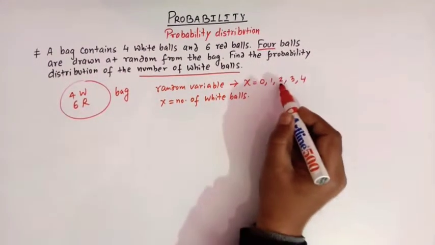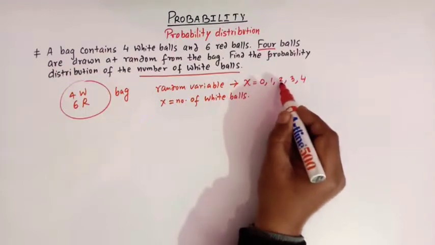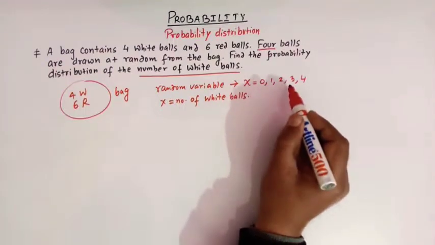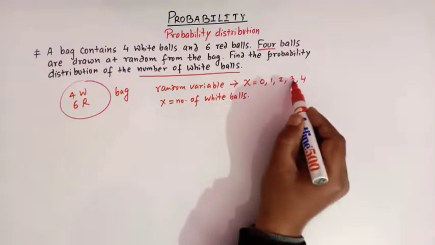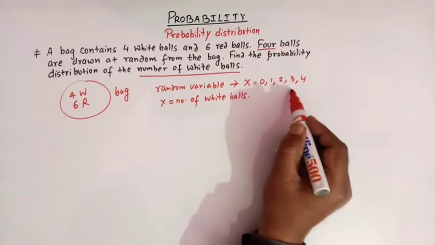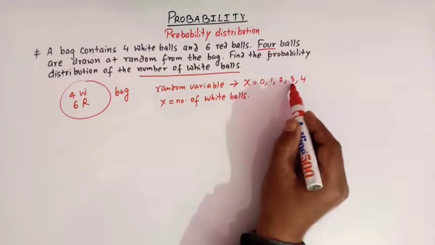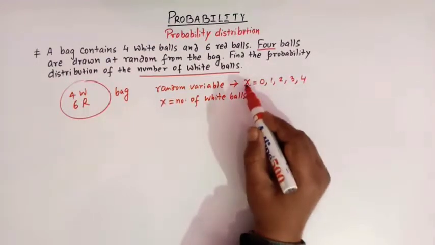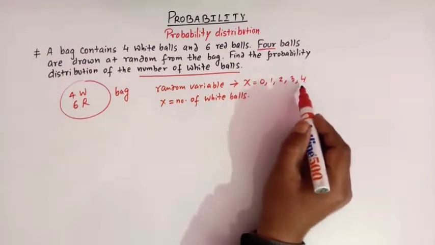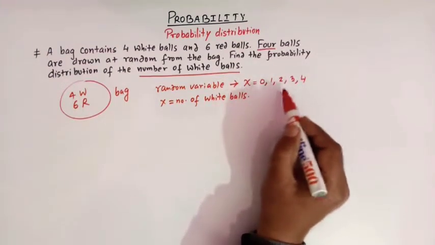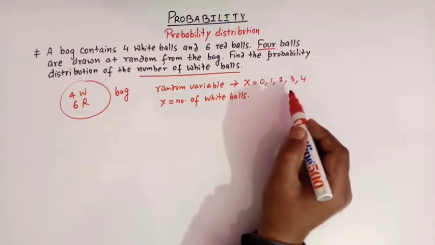Similarly when x takes the value 2, it shows that we have 2 white balls and 2 red balls. When x is 3, it shows that we have 3 white balls and 1 red ball. And when x is equal to 4, it shows that all the balls are white.